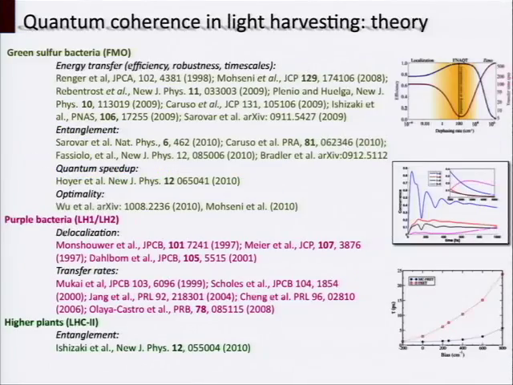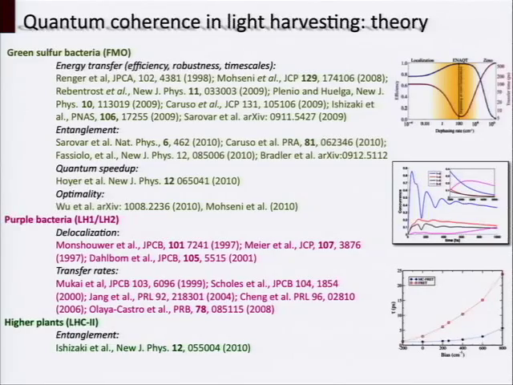Now moving on to the theory, there's been a lot more theory on these systems, and this is just a small sampling of the theoretical papers out there. People have looked at the efficiency of these systems and how quantum mechanics plays into it. I think Masoud will talk a little more about this in the next talk.